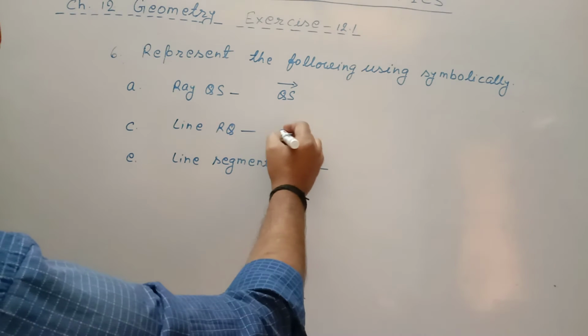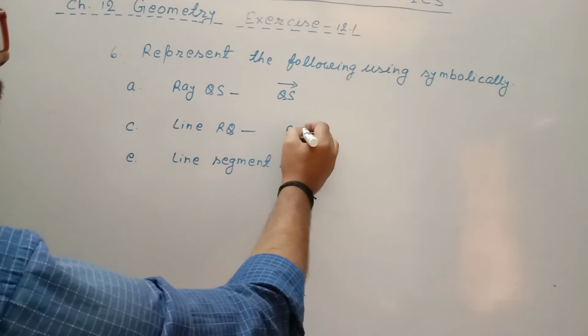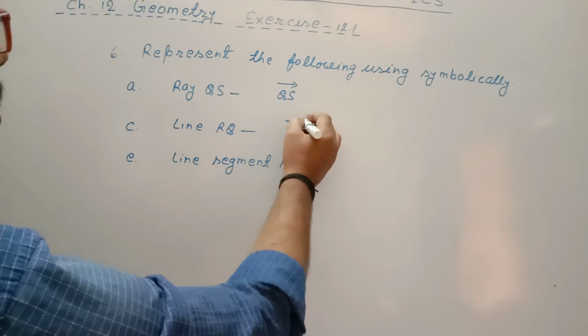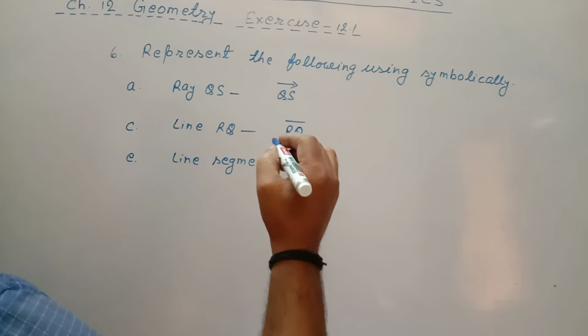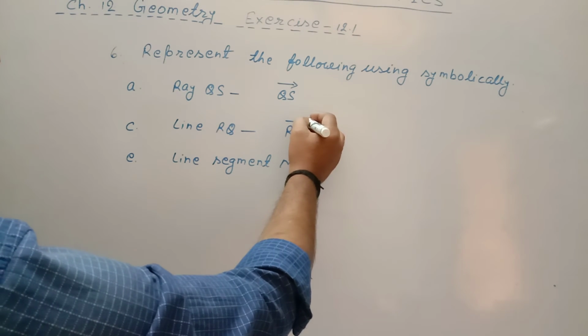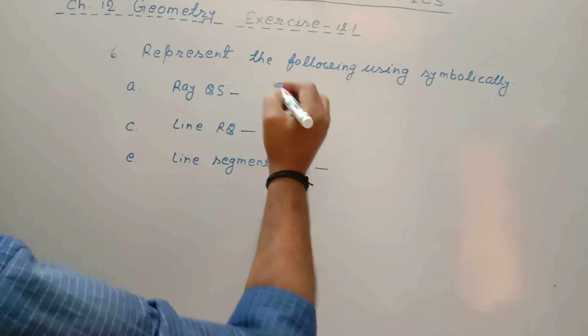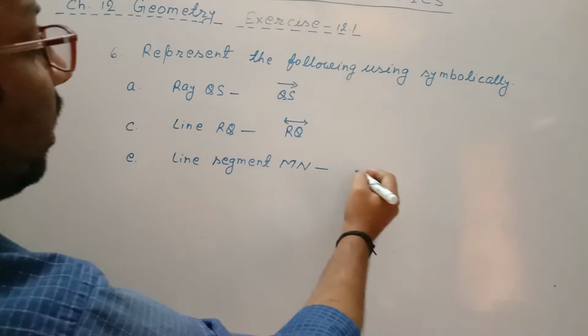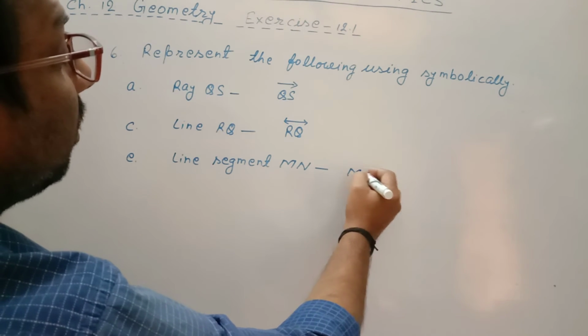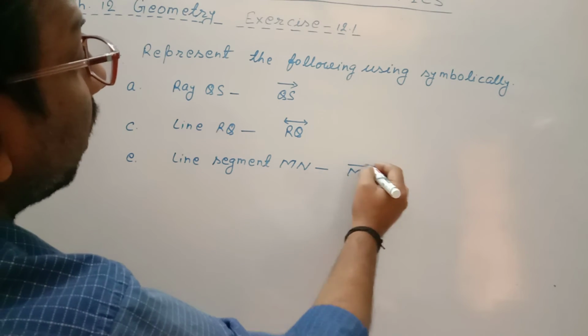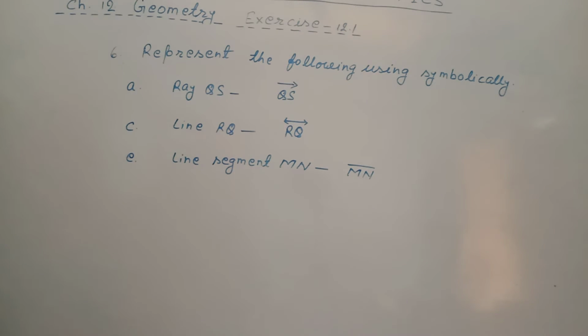Line RQ, write these two letters RQ, upon this you draw one bar line with both sided arrowheads. Then line segment MN, you write the letters MN and draw one bar line only. In this way we represent ray, line and line segment.